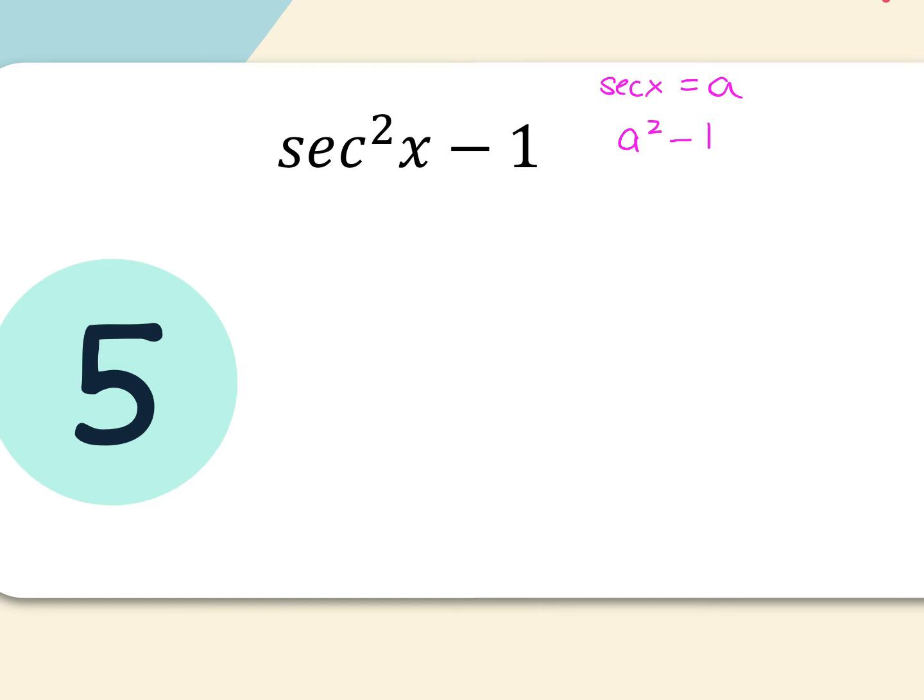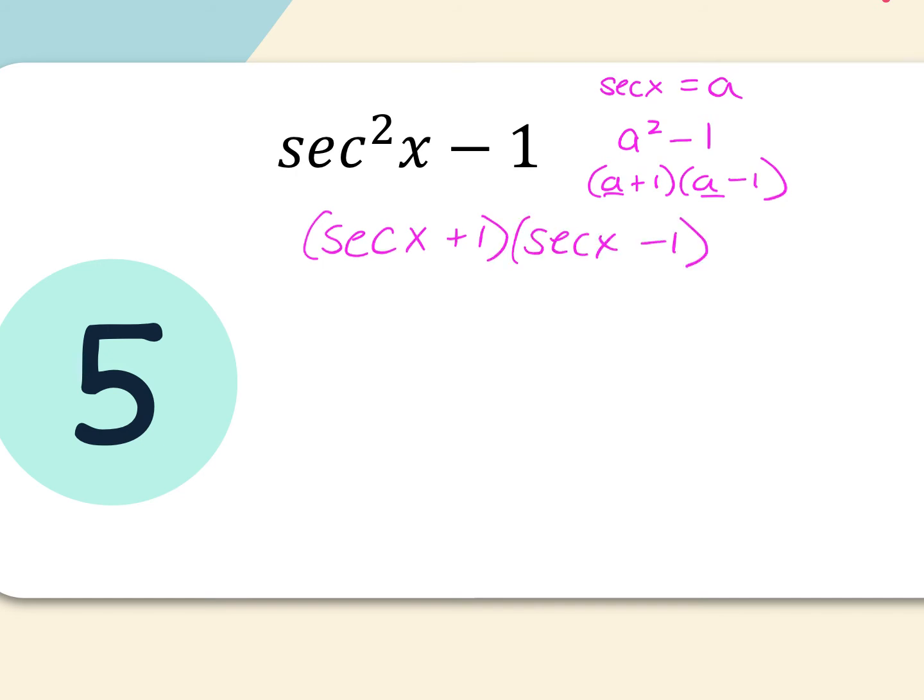A plus 1, A minus 1. Good, that's a difference of 2 squares. So instead of it being a, it's now secant. So it would be secant of x plus 1 and secant of x minus 1. That's all it wants you to do, just factor them.